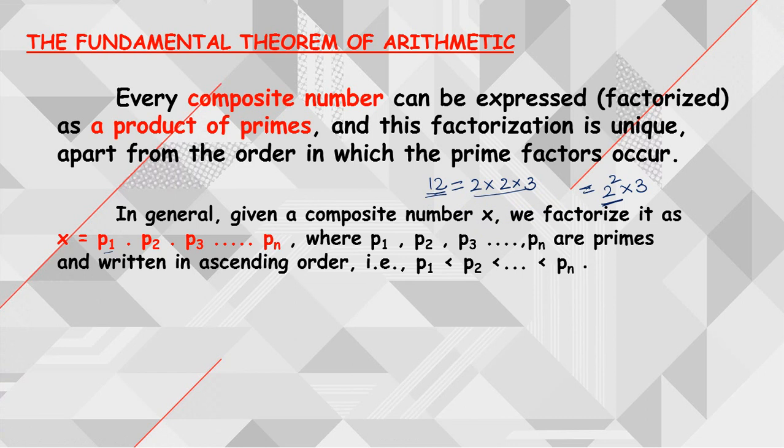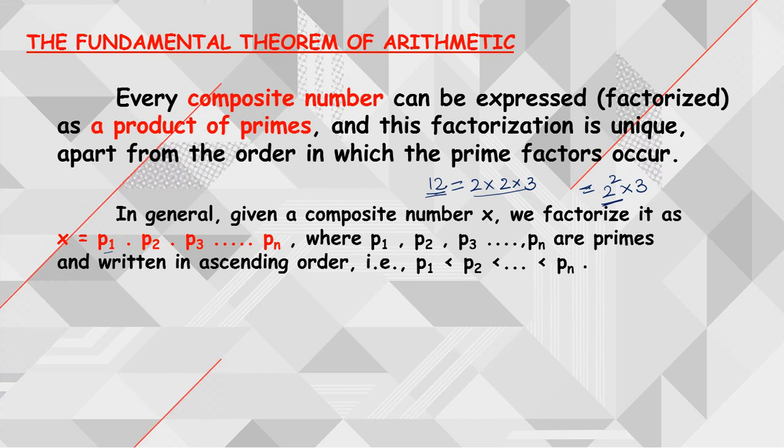Here p1, p2, p3, pn are prime numbers, and they are considered in ascending order. For convenience we write them in increasing order. There is no condition that we must write it in increasing order only; just to avoid confusion, we follow ascending order.